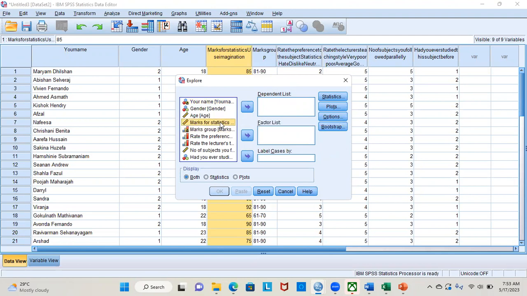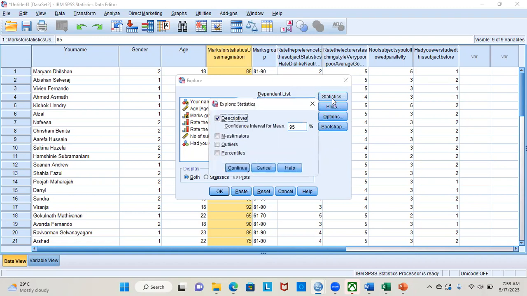The dependent variable is the variable of which you are going to measure the normality. The marks can differ with gender, so I'll select gender as the factor. Factor is like an independent variable.